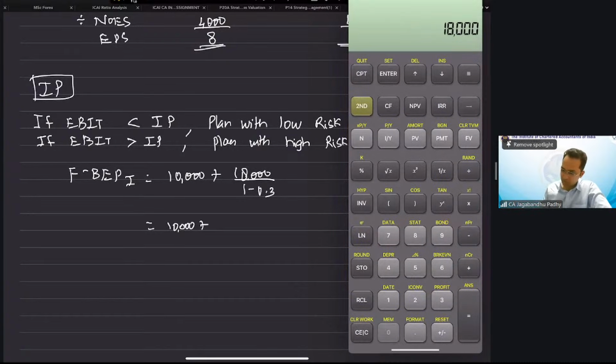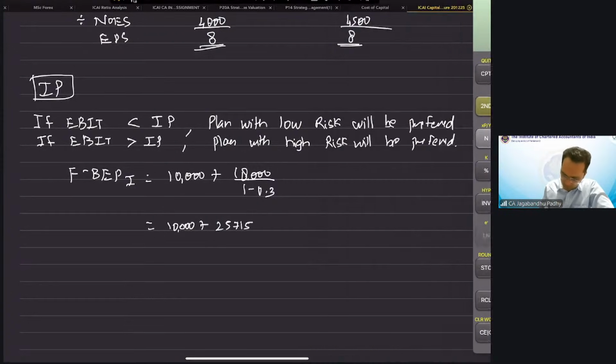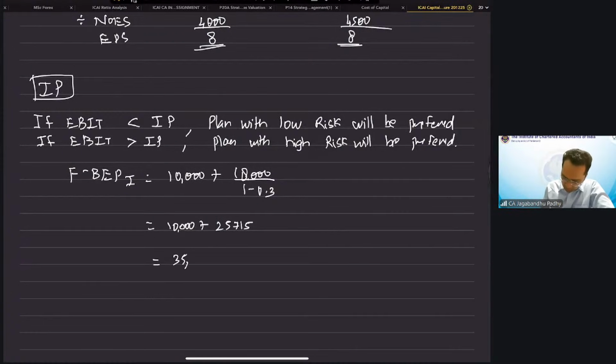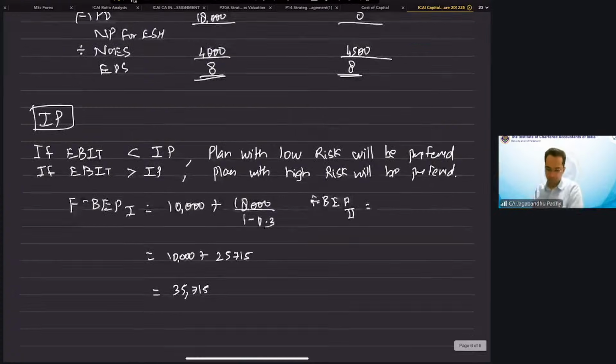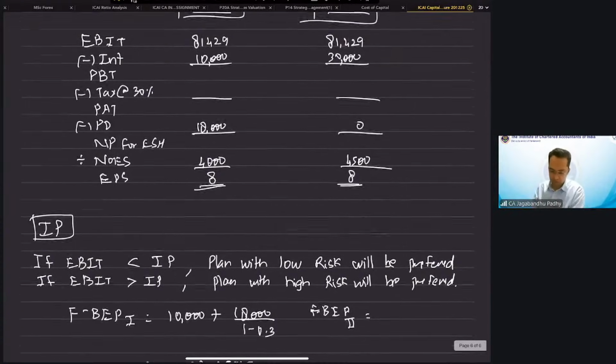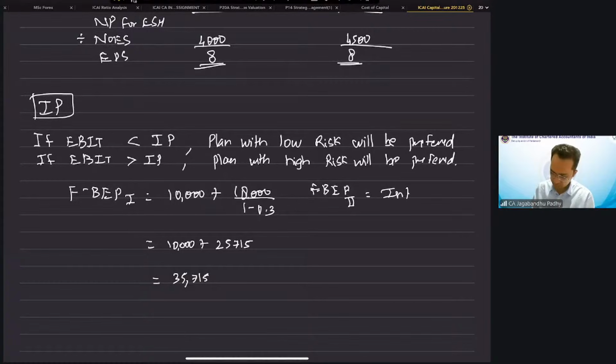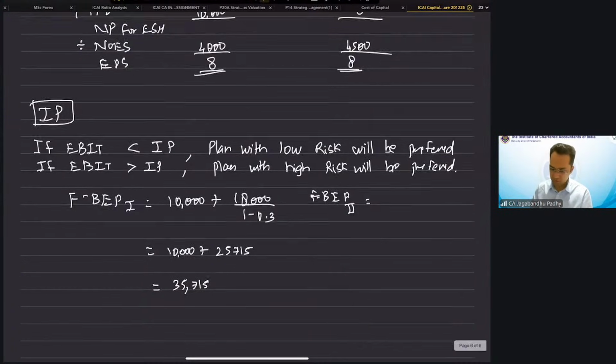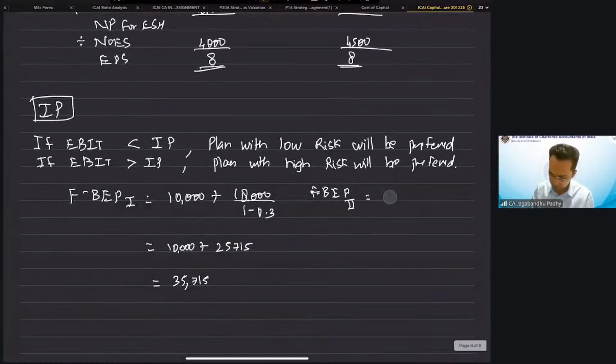So it's 18,000 divided by 0.7, which is 25,715. So financial break-even point is 35,715. And financial break-even point of the second plan is just the interest, which is essentially only the interest of 30,000.